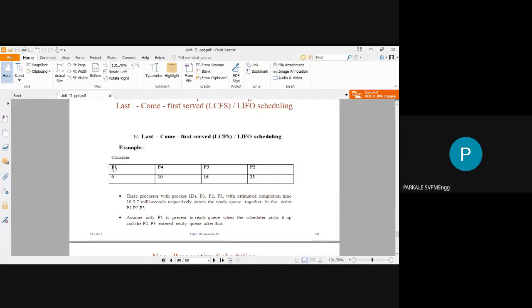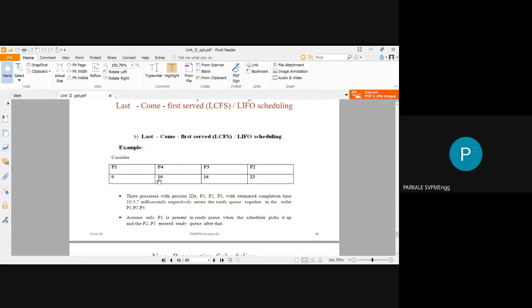I have 4 processes: P1, P2, P3, and P4. In this table, I have given the execution time required to complete each particular task. For example, process P1 requires only 0 seconds to complete its task.